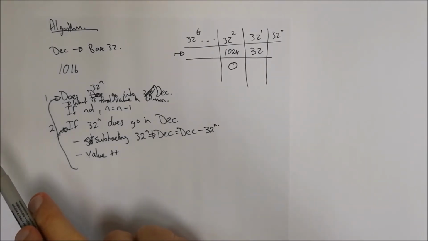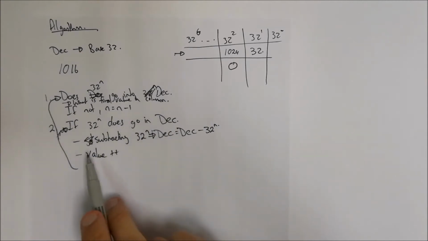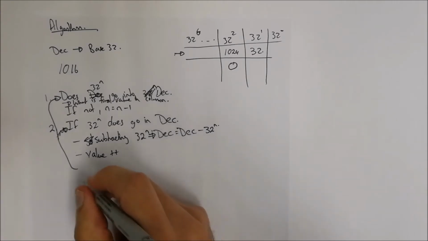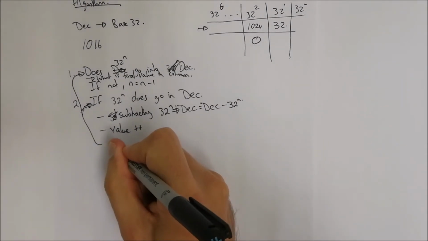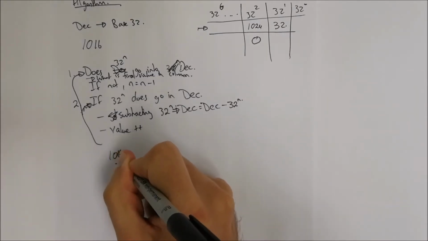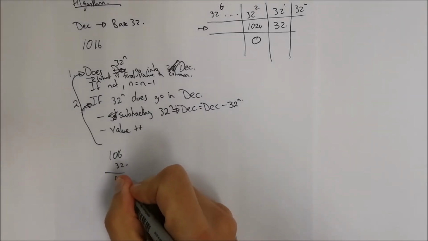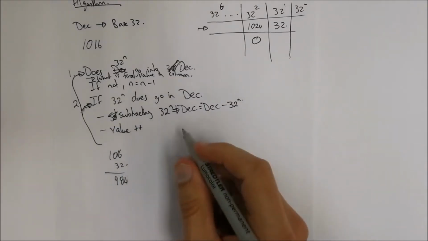So now it does, so every time we need to subtract 32. We'll keep on subtracting 32. So we'll be looking at this scenario of 1016 minus 32, which will be 984. But in the meantime, there's some value that we've got to increment.